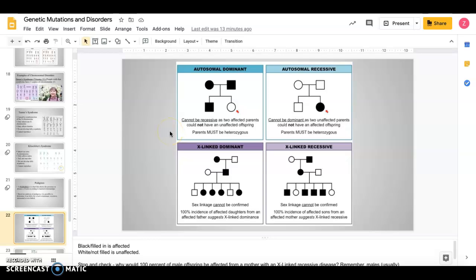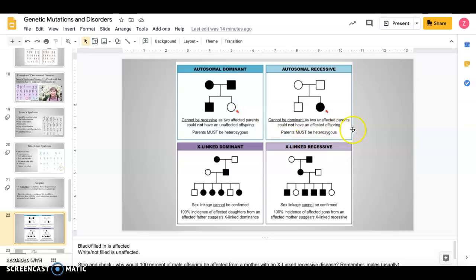So we can interpret this as the disease cannot be recessive, as two affected parents could not have an unaffected offspring. Therefore, the parents must be heterozygous. They have a dominant and a recessive allele.